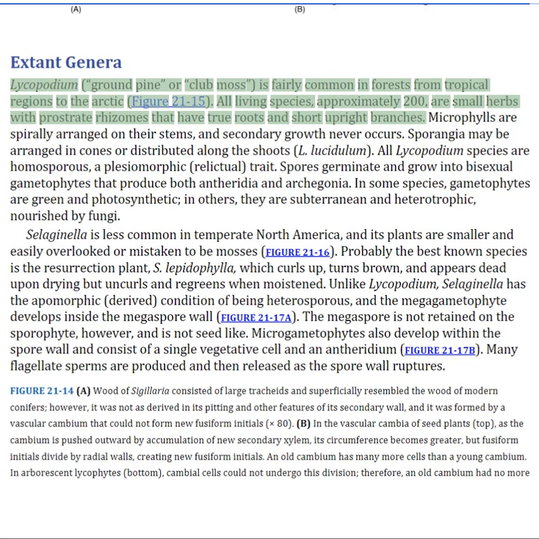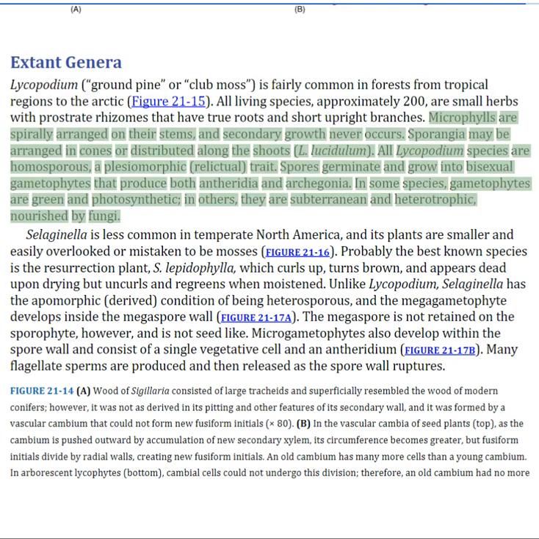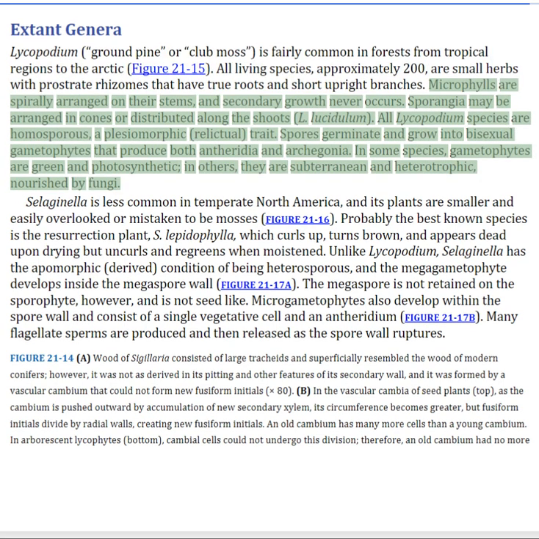Lycopodium is fairly common in forests from tropical regions to the Arctic. All living species, approximately 200, are small herbs with prostrate rhizomes that have true roots and short upright branches. Microphylls are spirally arranged on their stems, and secondary growth never occurs.